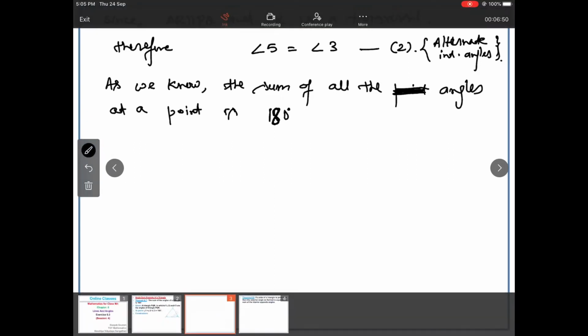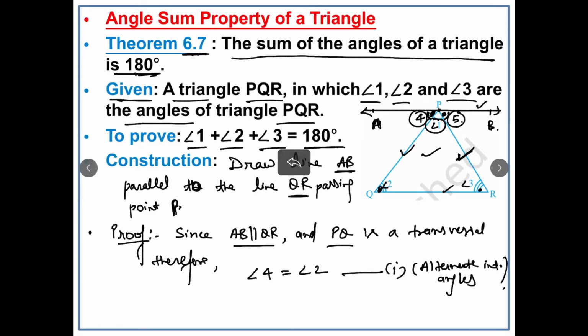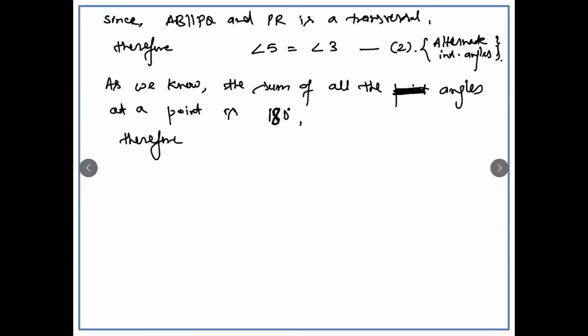So we are going to use this statement. Therefore the sum of angle 4 plus angle 1 plus angle 5 has to be equal to 180 degrees, because all of them are angles at the same point, which is P.